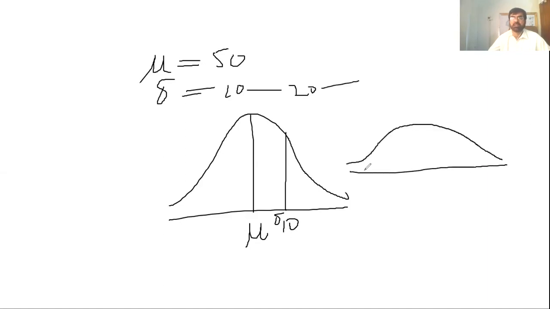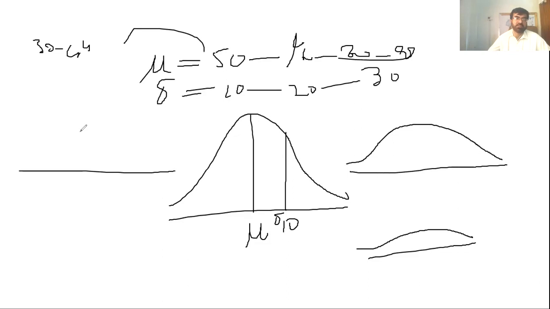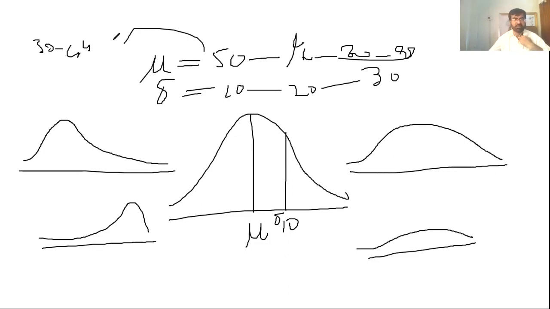If you further increase it up to 30, it may give you a curve like this. And if you increase or decrease the mean to 60 or 80 or even 99, or decrease it to 44 or 30, that will change the curve like this. It will be shifted towards the right or the left. That is how the curve changes because of the mean and standard deviation of the population.